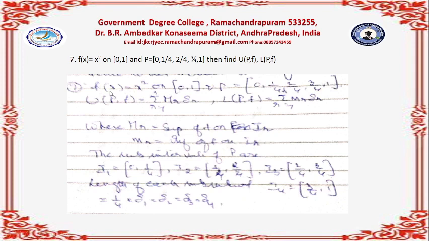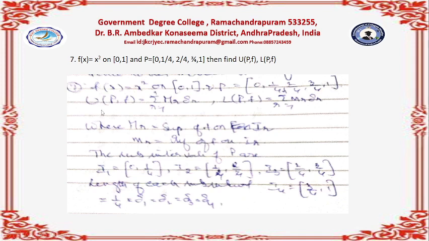Now what is f of x? F of x is given to be x square on the closed interval 0 comma 1. What is the given partition? It is nothing but the partition points consisting of 0, 1 by 4, 2 by 4, 3 by 4 and 1. Now what is UPF? UPF is defined as summation capital MR into delta R running from 1 to n.